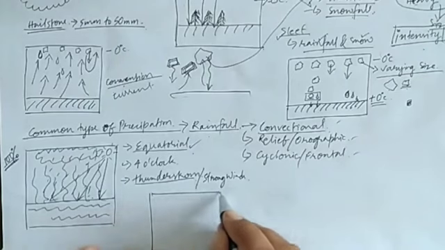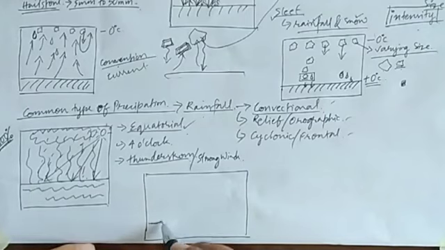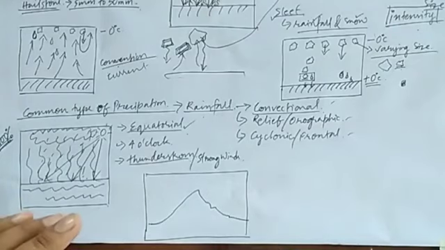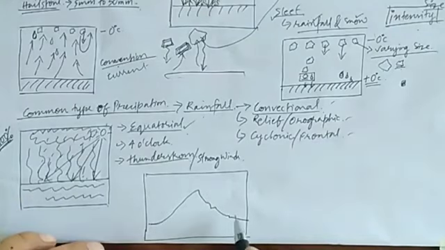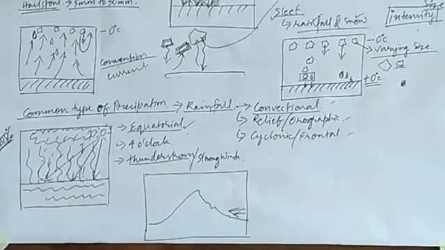Now, relief or orographic rainfall. Relief or oro means the mountain or any elevated surface. So here what happens is the moisture laden winds are blowing towards a certain direction.